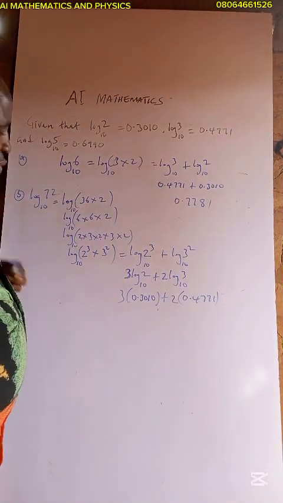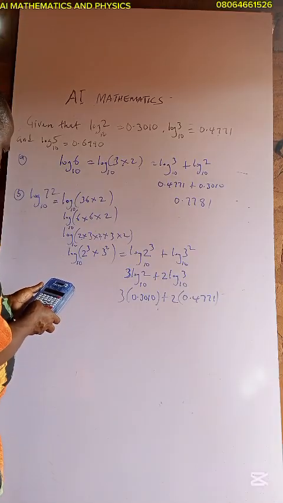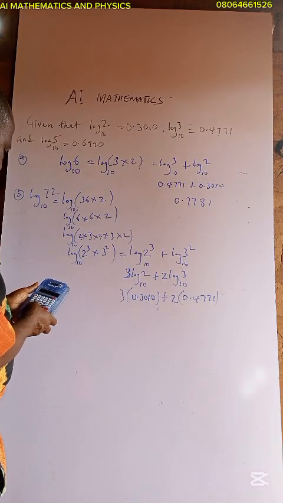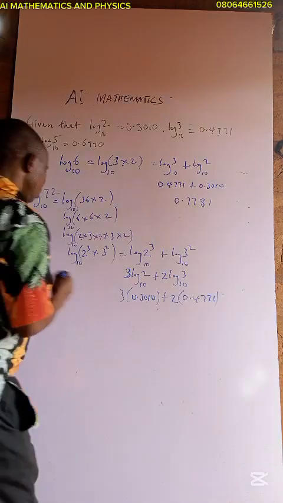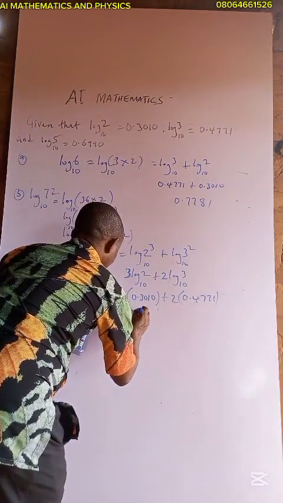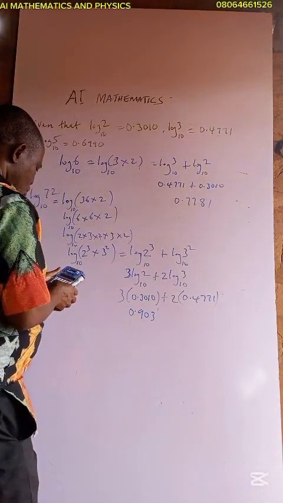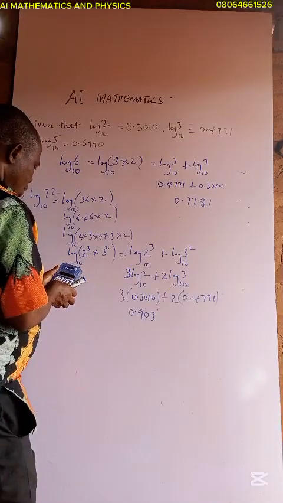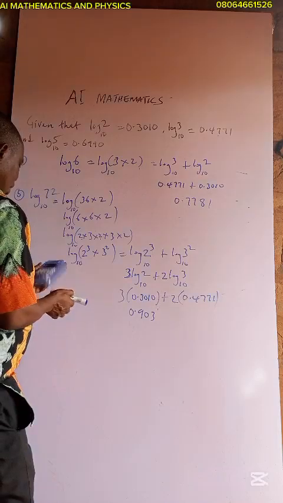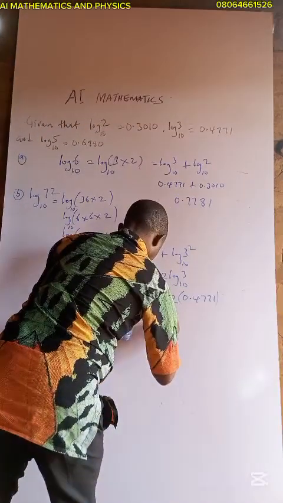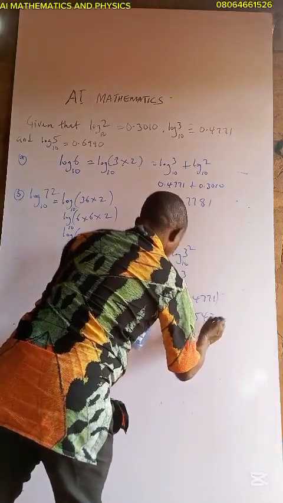That's 0.903. This one is 2 times 0.4771, that is 0.9542.